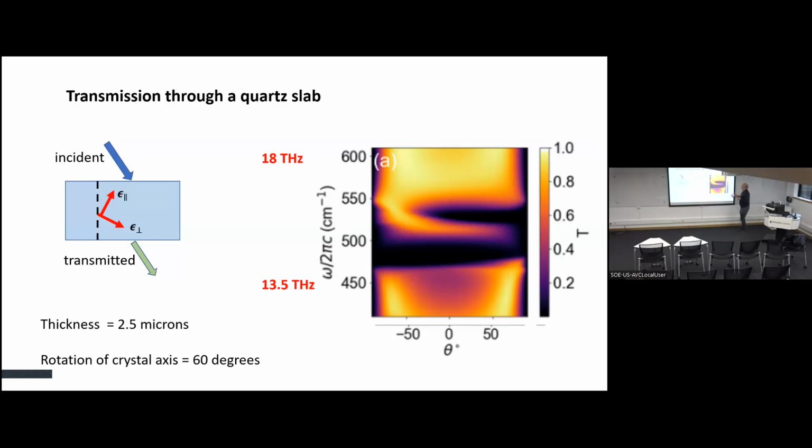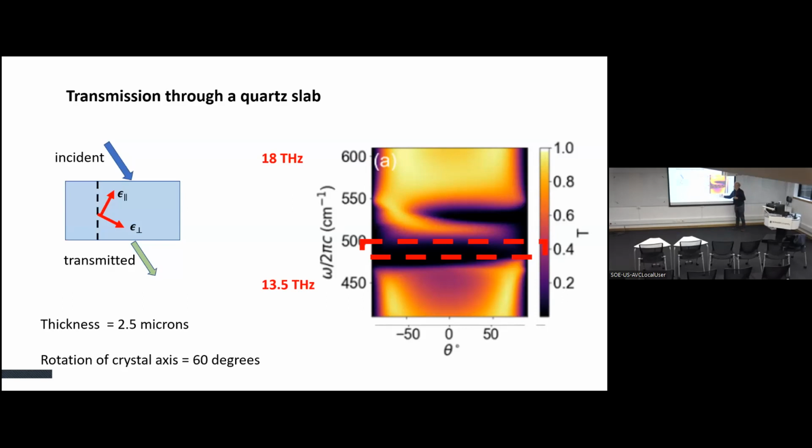The color, and this is the angle of incidence again, so it's whether you're coming in from one side or the other. And you see a whole bunch of things. In this frequency range, it's very bright, everything is transmitted. In this frequency range, it's very dark, nothing is transmitted, no matter what angle you come in.